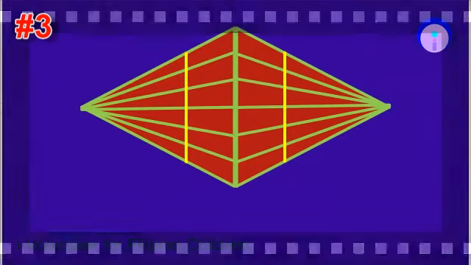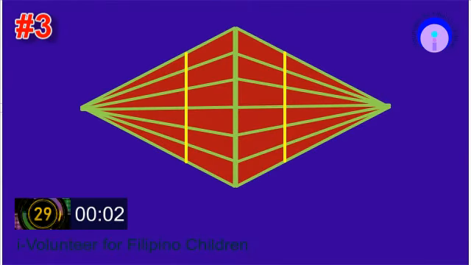Item number 3. How many triangles can you form from this figure? You still have 5 seconds to finish.